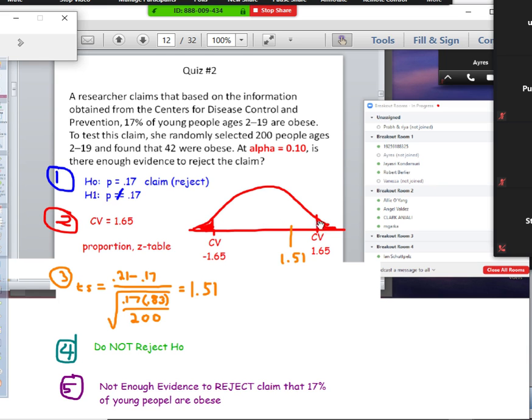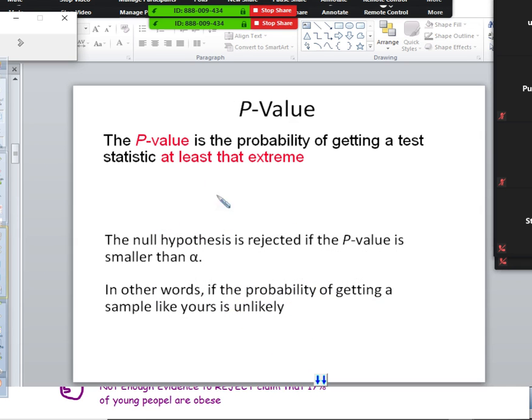Your mean is probably somewhere closer to that side. And that's what we're doing. So the p-value is the probability of getting your sample. So if you think back to, do you guys remember when I did, let me stop sharing for a second.